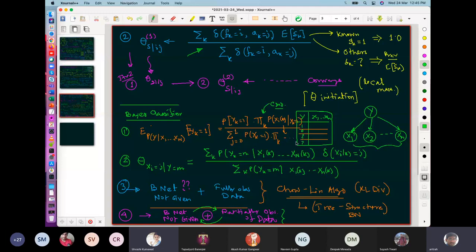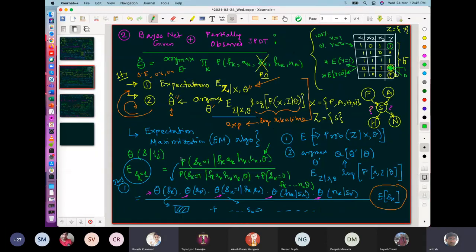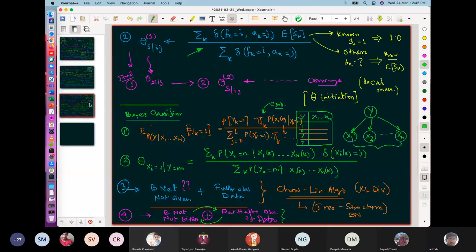Yes, all the values, because here you see sk equal to 1 and sk equal to 0. The denominator is Bayes theorem. Here I mean J, that's a mistake, it should be J. I hope you get the essence.